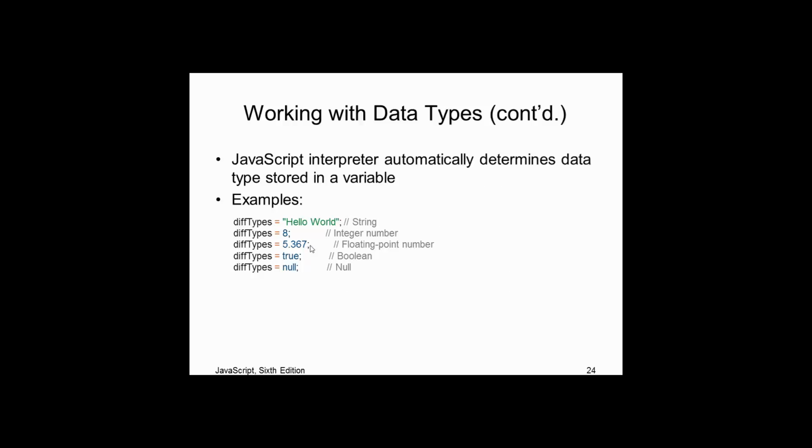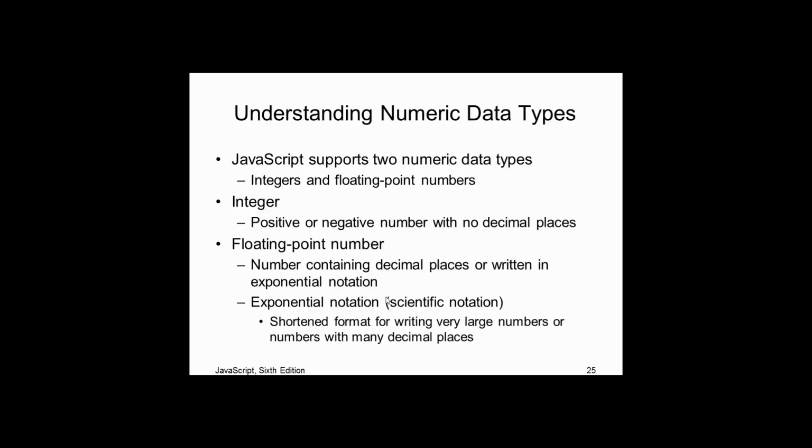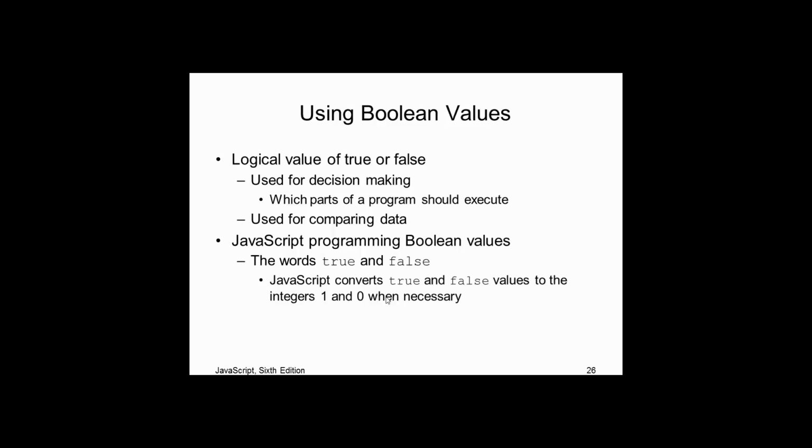Here's an example of a variable that stores all these different types of data. It can store a string, a number, a floating point number, a Boolean, and null, and all those are valid. We already talked about the difference between integers and floating point numbers. Booleans are true or false.